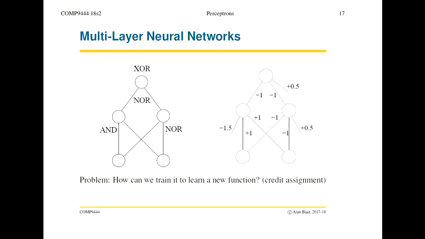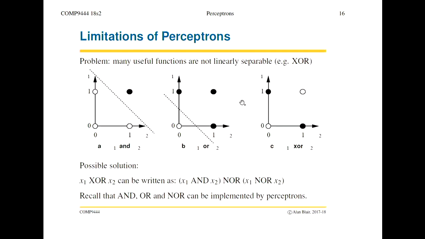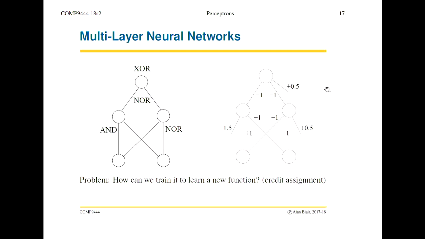So this was known in the 1960s. In fact, if I write down any logical expression at all, say I have 20 variables and I write down some logical expression in those 20 variables, it's actually possible to construct a 2-layer neural network that computes that function, because you can convert the logical function into what's called conjunctive normal form.